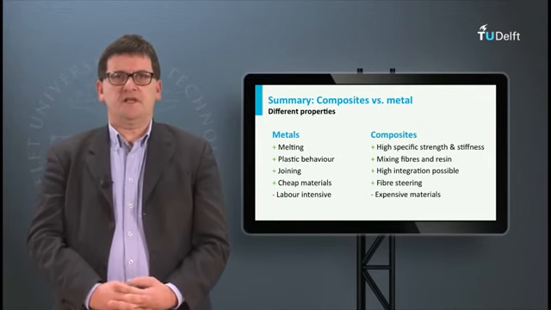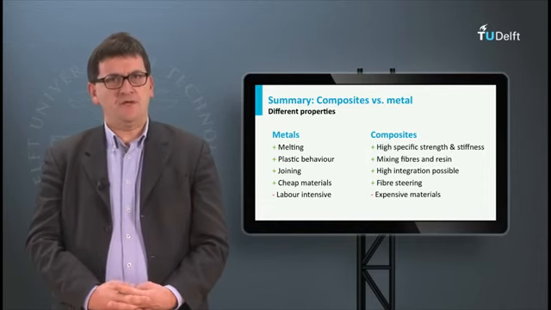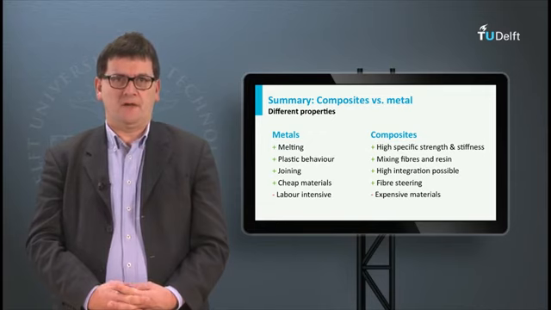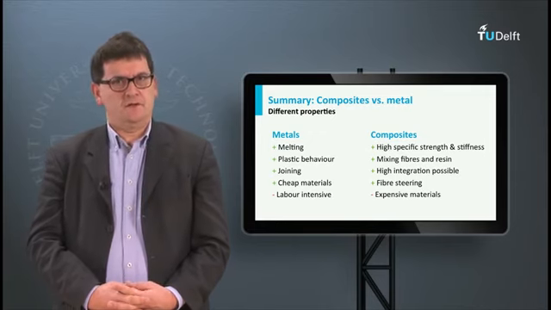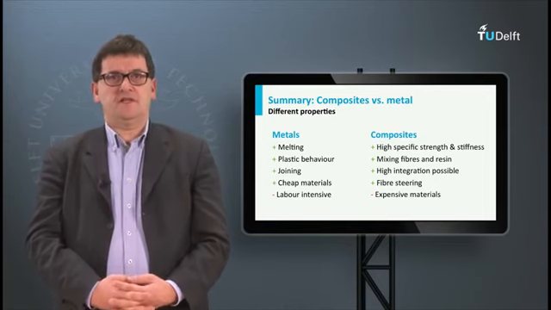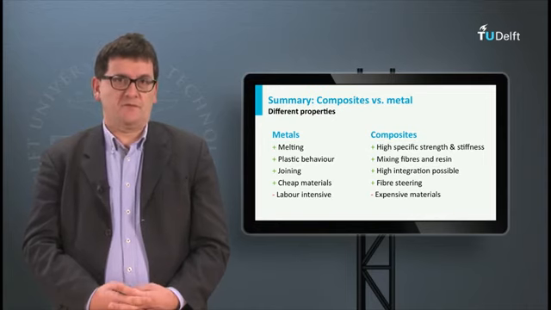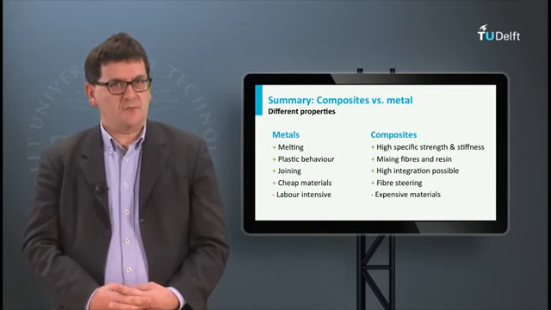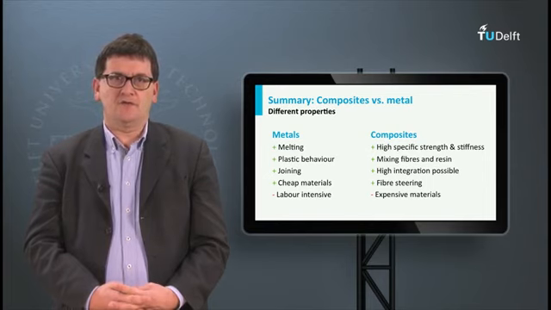For composites, we see that the fibers and resins need to be impregnated or mixed, that uncured materials are very malleable, and that continuous fibers are often used to steer the process. Another typical difference is that metal structures often are assembled from many components, whereas composite structures have a high degree of integration.